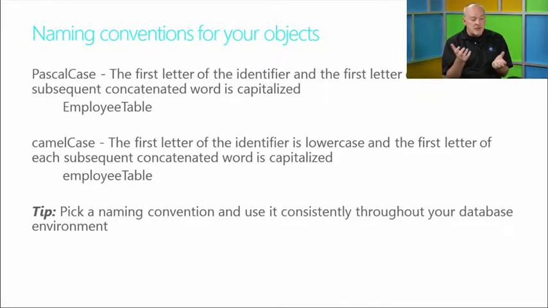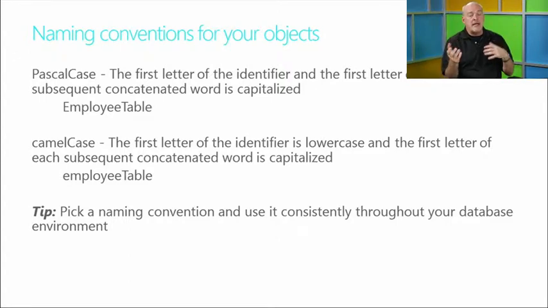Camel case, as you can see, the difference is, with the exception of the first word in the identifier, the first word is lowercase, and then every other concatenated word is capitalized. So the first letter is capitalized. So whatever your choice is, whatever your preference is, mine, as I've shared a couple times already, is Pascal case. But whatever you're going to use, be consistent.